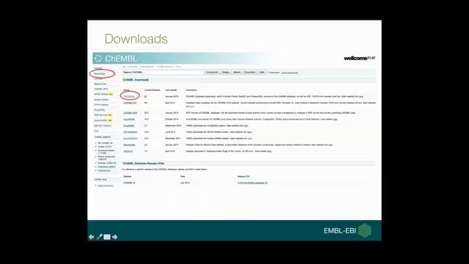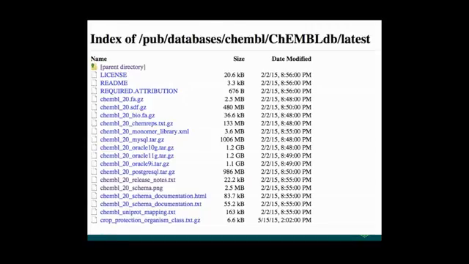This will then take you to the downloads page, which will show you every subset that we provide of ChEMBL that you can download the data from. However, we're just going to focus on ChEMBL-DB. So if you click on the hyperlink for ChEMBL-DB, that will take you to our FTP site. And you will see here that we have all the different files that you can download for ChEMBL-20.